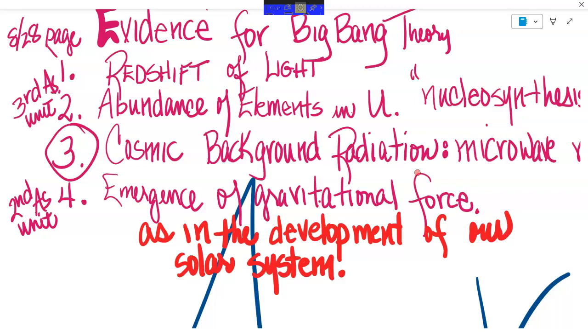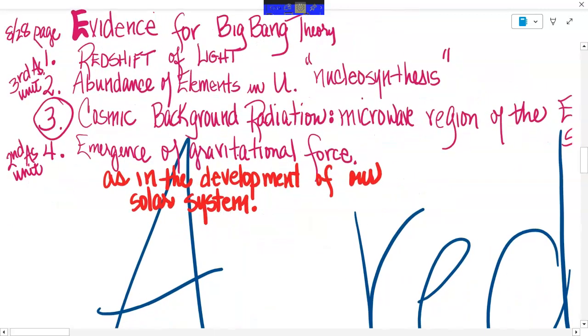So the redshift, the cosmic background radiation of microwave, abundance of the elements in the universe, that there's so much hydrogen, and then so much helium, which is the second element formed in abundance and found on the sun.